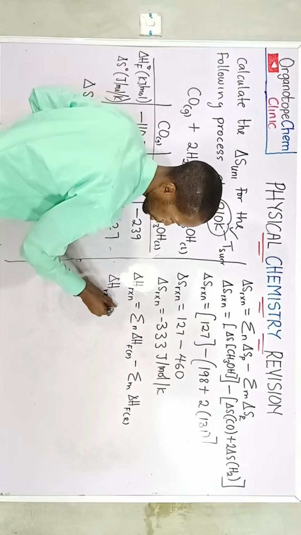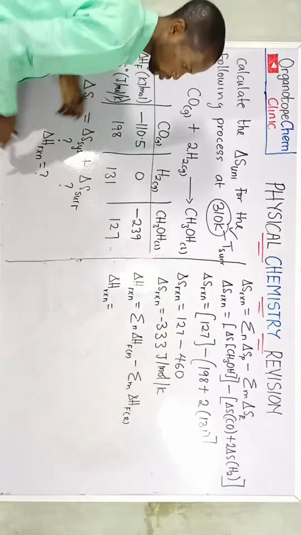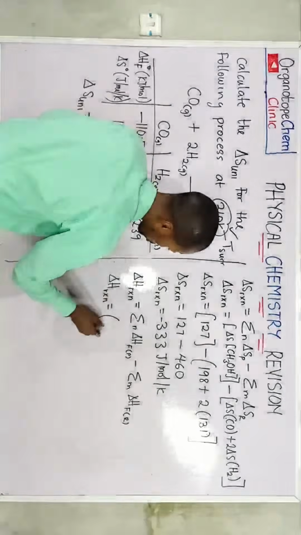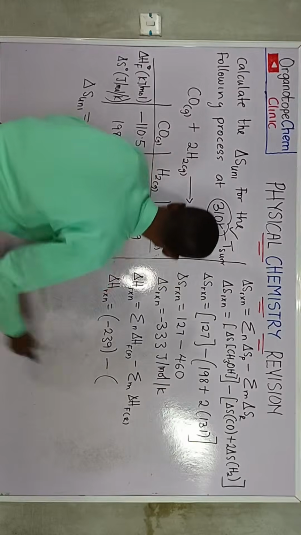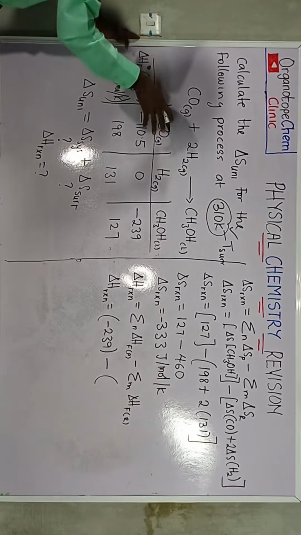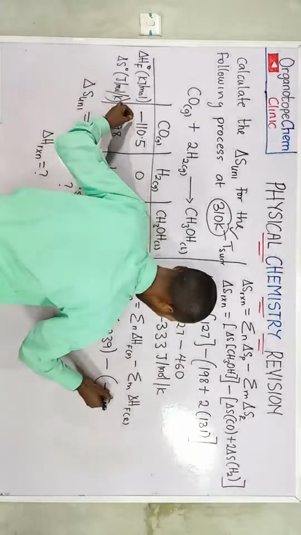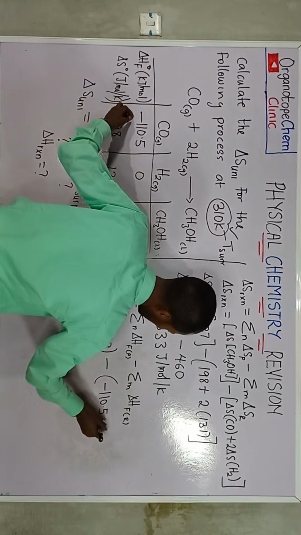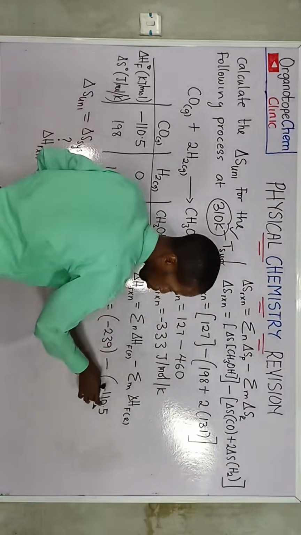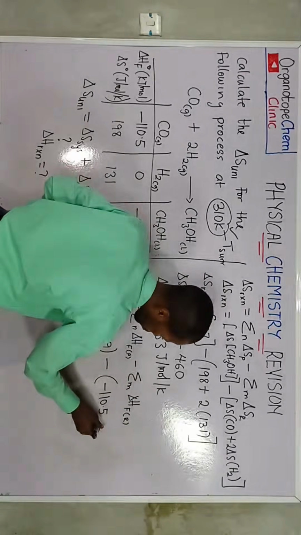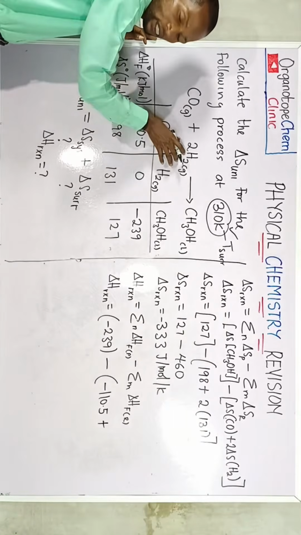Okay? So we have enthalpy of reaction equals the enthalpy of the products, which is the methanol right here, so I have minus 239, minus the sum of the enthalpy of the reactants. The enthalpy of CO is minus 110.5, plus the enthalpy of formation of hydrogen gas right here.